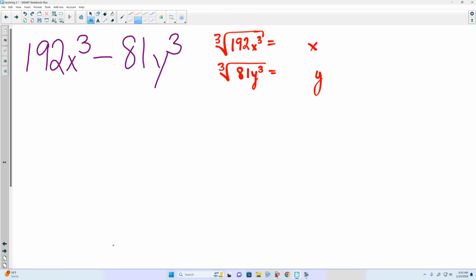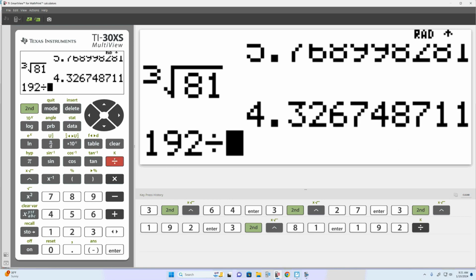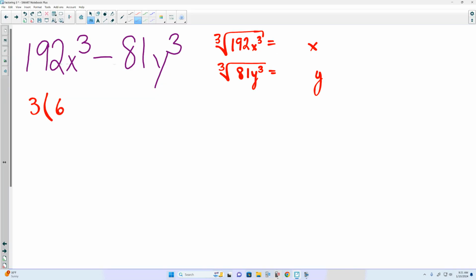But if we look back at these two here, is there a greatest common factor between 192 and 81? They're both not divisible by 2, but they are both divisible by 3. So we have to divide 192 by 3, which is 64. So we have 64x to the third minus 27y to the third.